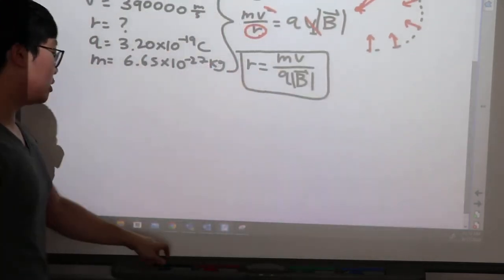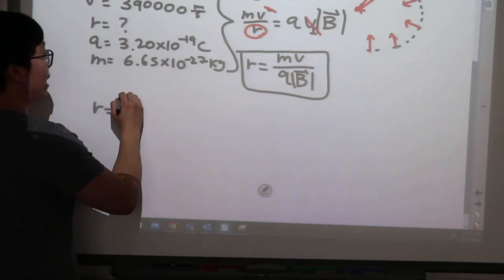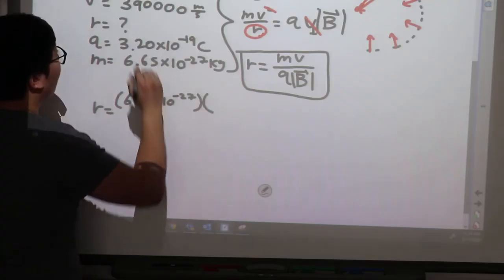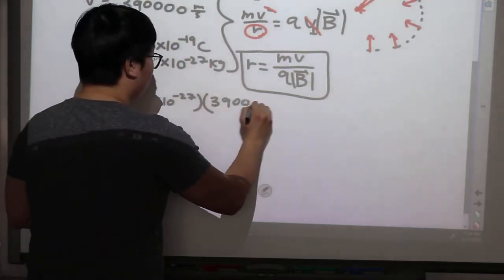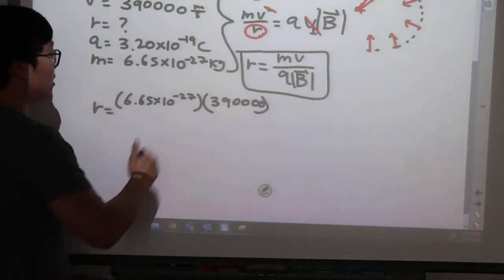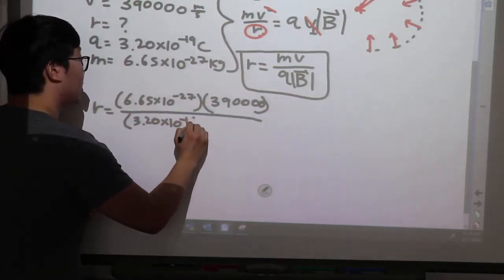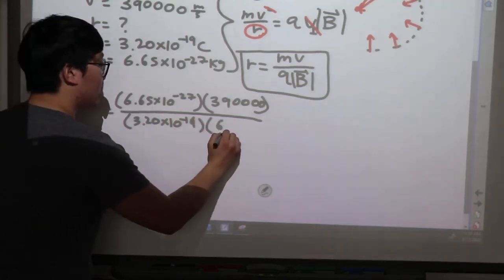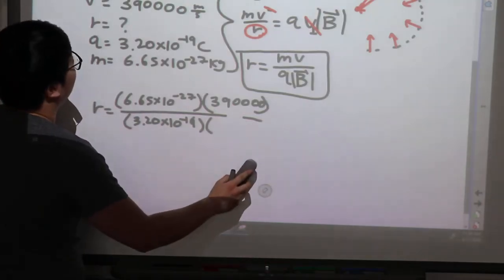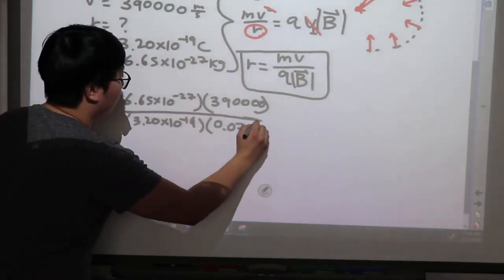Now we can punch every single number in. My value R has mass on top, 6.65 times 10 to the power of negative 27 kilograms, times velocity, 390,000, over q, 3.20 times 10 to the power of negative 19, and B, the magnetic field, 0.0750 Tesla.